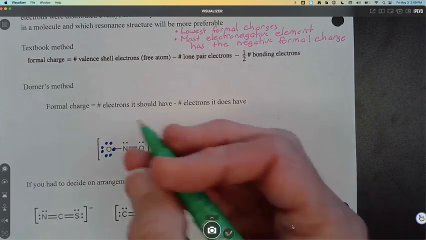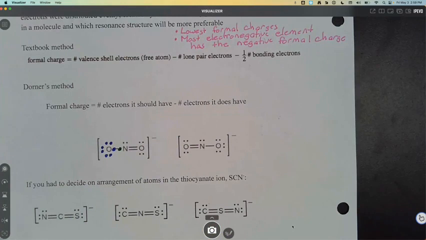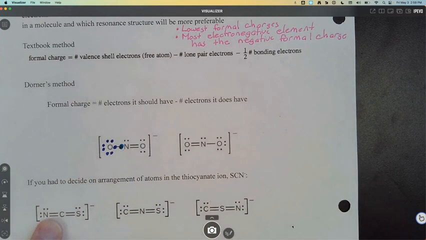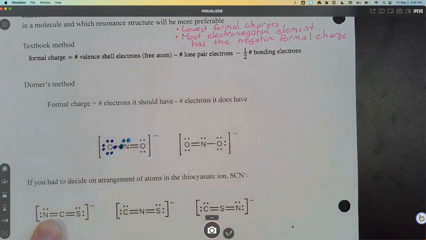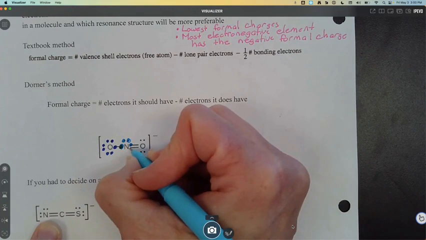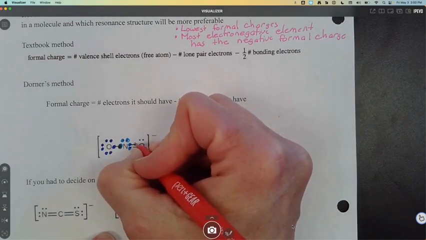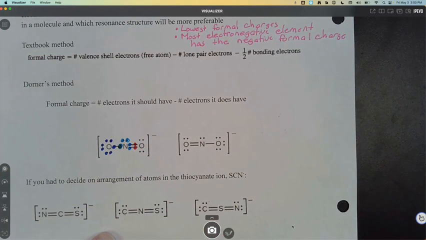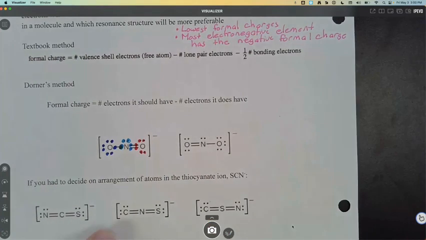Its neighbor, the nitrogen, has, in light blue, the other electron from that bond, those 2 electrons, 1 electron from that bond and 1 electron from the other bond. And the oxygen on the far end has the other electron from each bond in the double bond, plus these 4 electrons of its own.